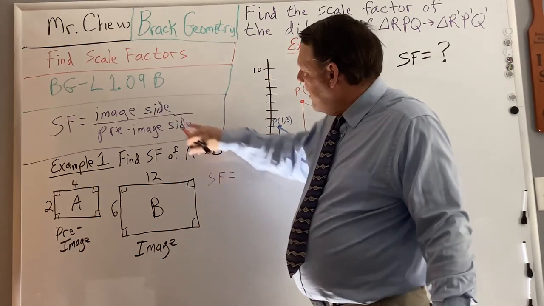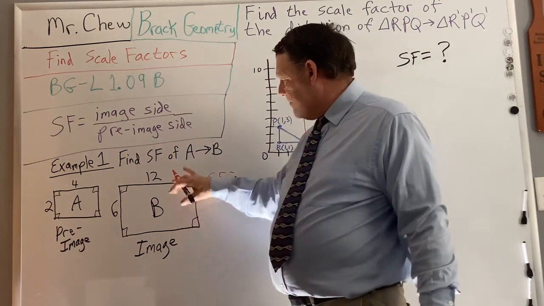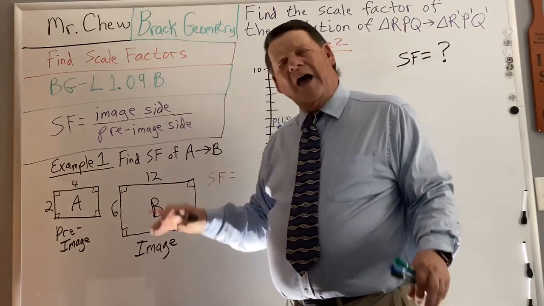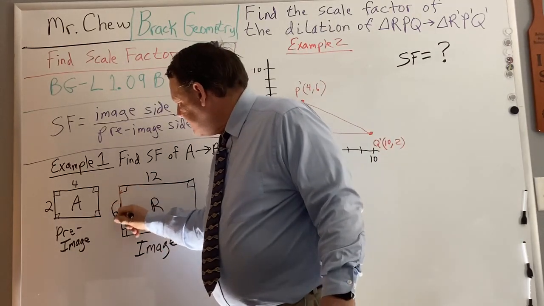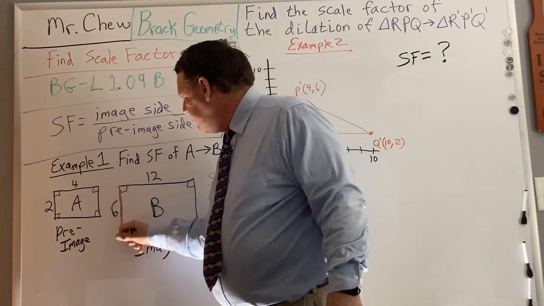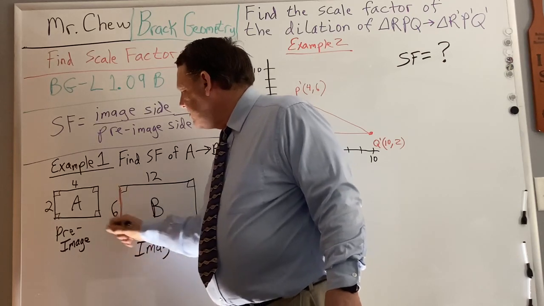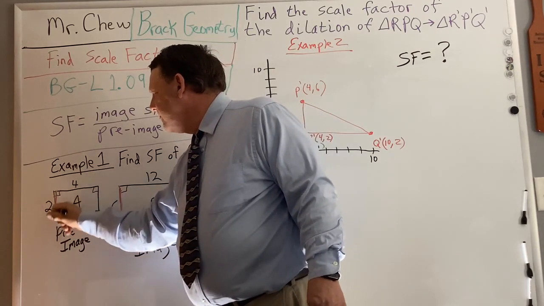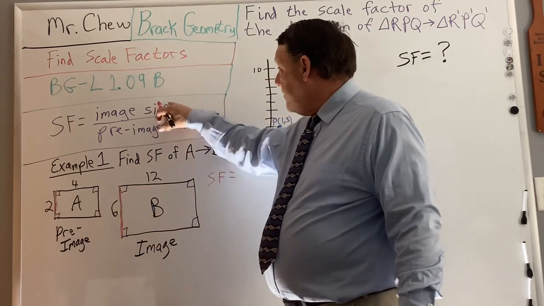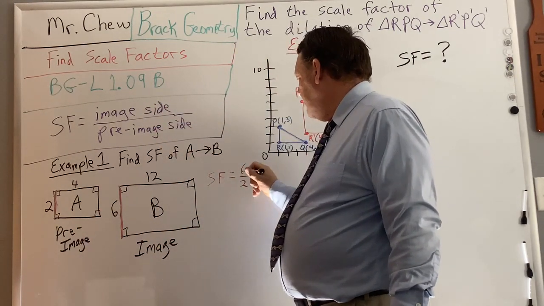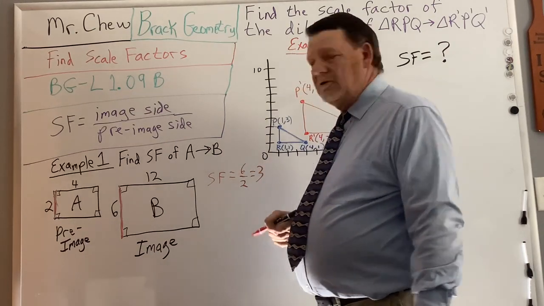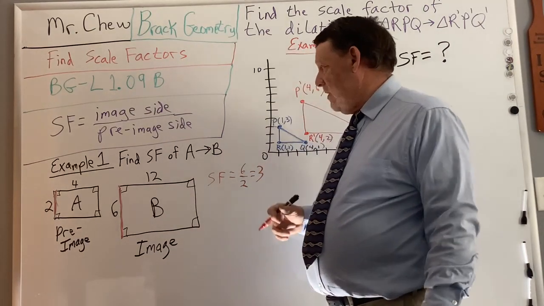We have to have the image side first. So here's my image. So the sides have to correspond. So they have to be in the same position when the orientation is the same. So the 6 will have to go with the 2. But we do the image over the pre-image. 6 over 2 equals 3. So we'd say the scale factor is 3.